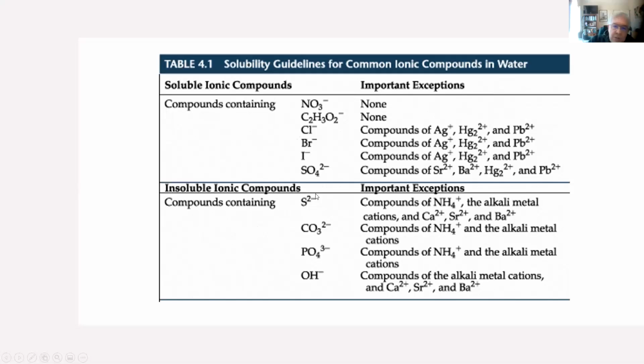When you have sulfur -2, sulfide, it's soluble for all the compounds like ammonium and the alkali metals. But with calcium, strontium, and barium, with these three cations, the sulfide is insoluble.